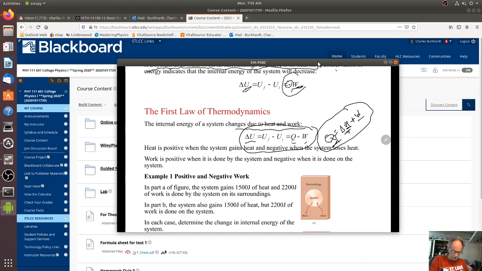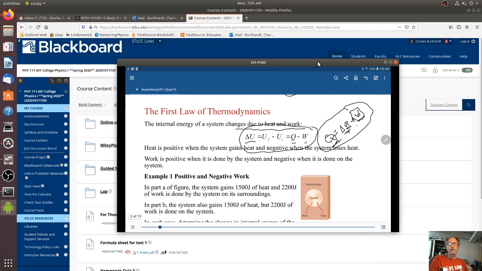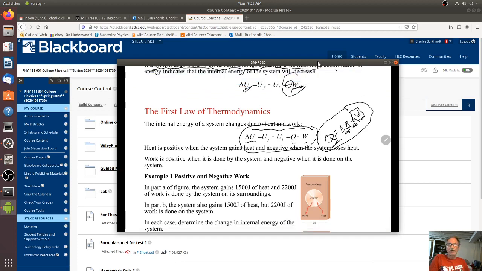Not an unreasonable thing. Even worse, chemists in particular use work done on the system as positive and work done by the system as negative. So they have the opposite convention for W. And so their first law of thermodynamics will have a negative sign here.